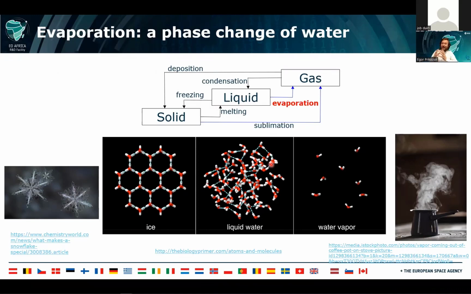But because there are a lot of them, that's what makes water liquid. That's what holds the molecules together. And once this hydrogen bond is destroyed, the molecule is free to go, is free to leave. You see here in gaseous phase, molecules are completely disconnected, completely free from each other.